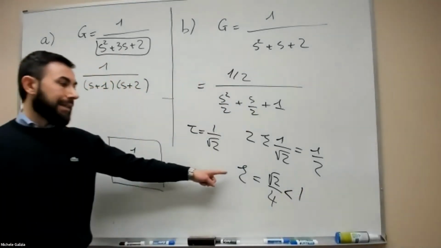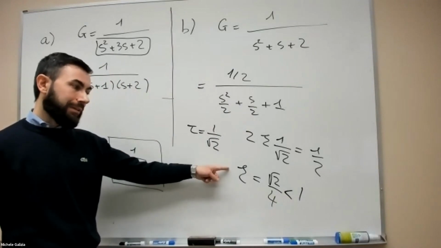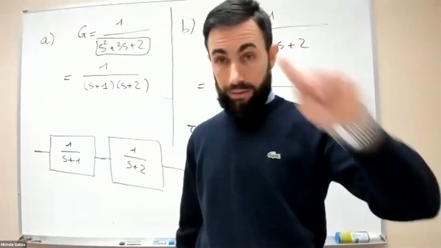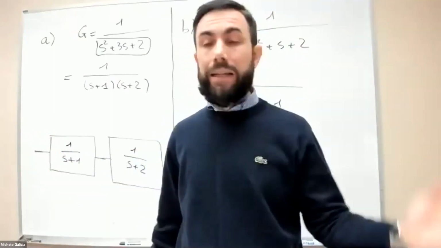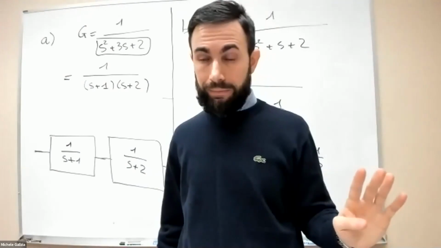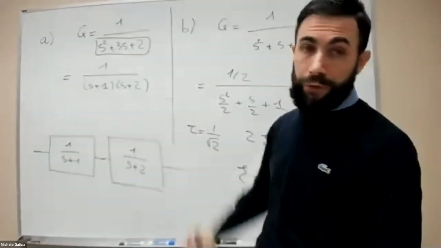So is this system overdamped, critically damped, or underdamped? Underdamped. So we cannot tell that this is the series of 2 first-order non-interacting systems. So the answer will be yes for this, no for this.